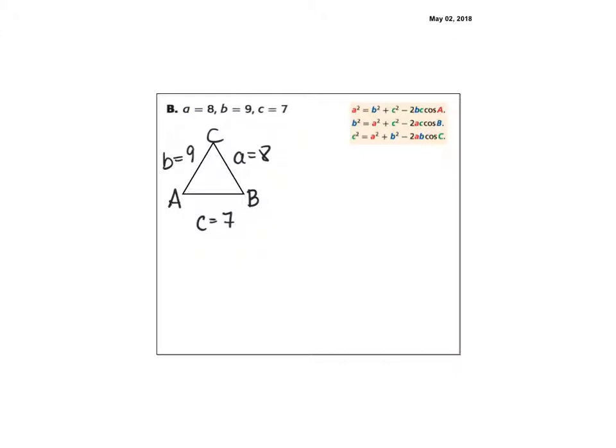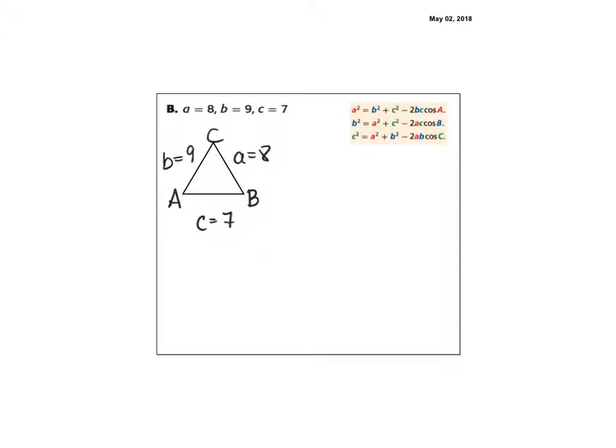Now, as soon as I find out one angle, I can use law of sines to figure the rest out. So I'm just going to try to find angle A. You could actually solve for any one of the angles, but I'm just going to choose the first one.